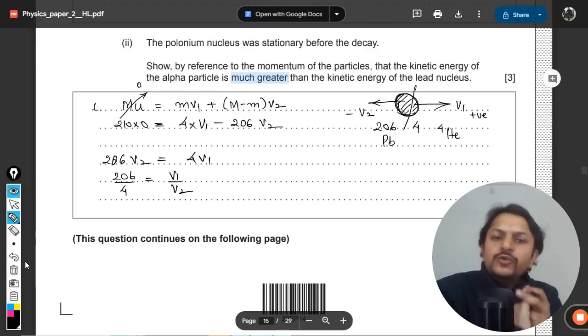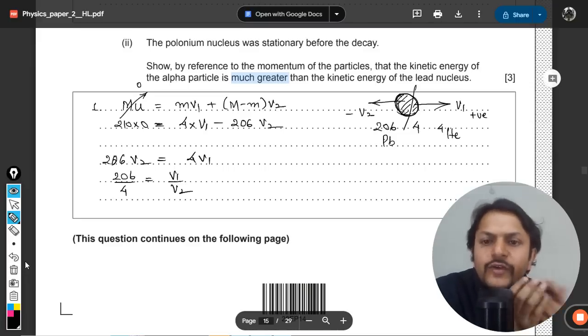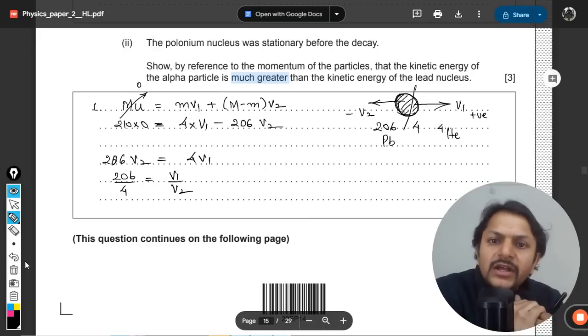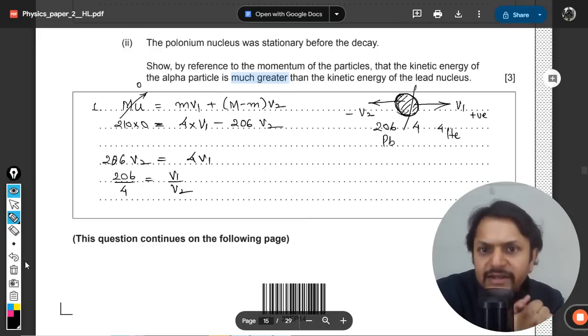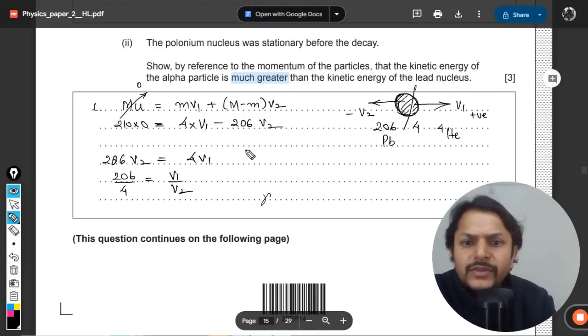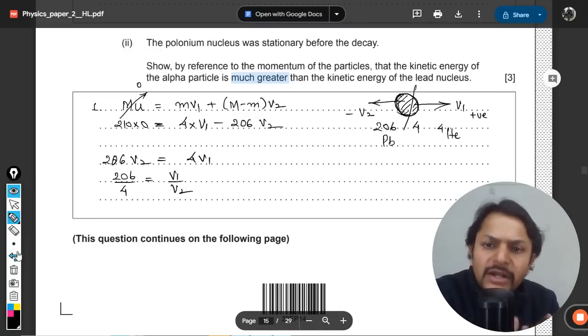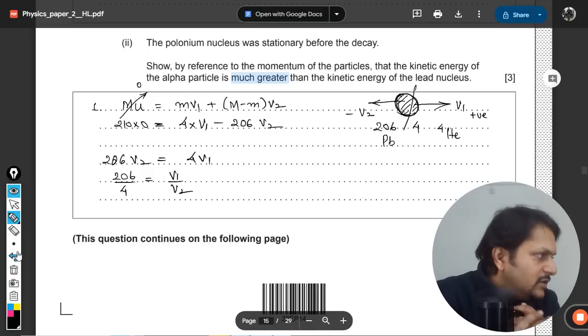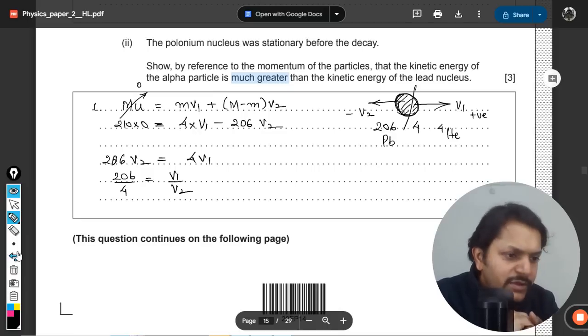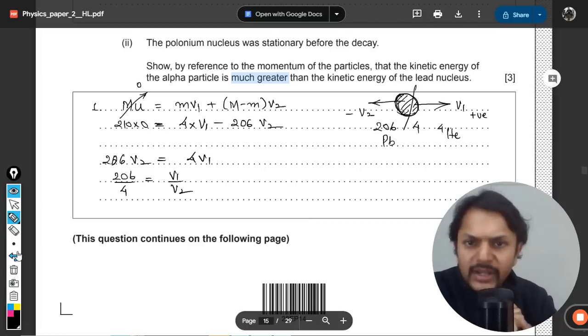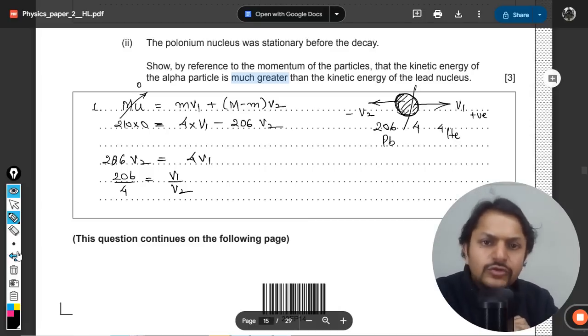So the V1 by V2 ratio we have found. And now we want to find the ratio of kinetic energy. Can there be an easy method? We can do the momentum also. Then we can apply p square is equal to 2mk also. Okay, so this is method number one.